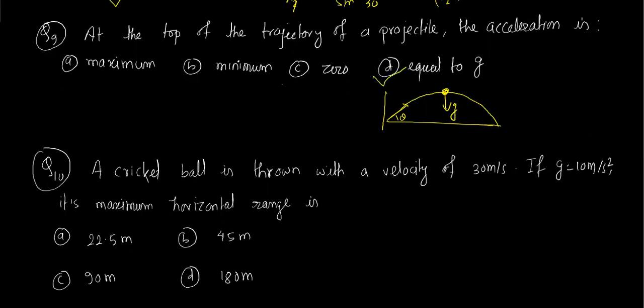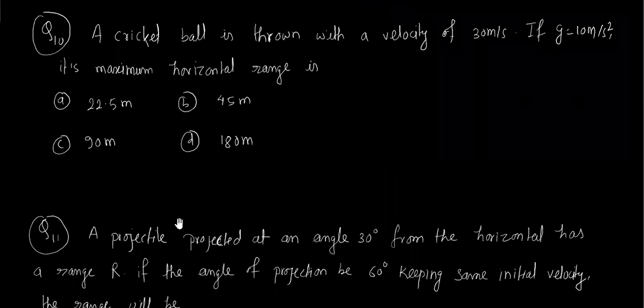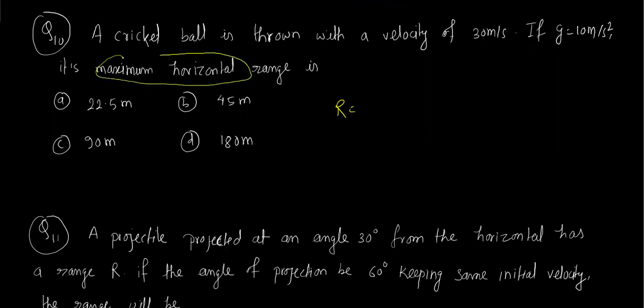That's why our correct option is option D. Now let us move to question number 10. Here it is said that a cricket ball is thrown with a velocity of this much, and the value of g is 10 meter per second squared. Find its maximum horizontal range. Here we have to use the formula for horizontal range, R equal to maximum. The word maximum is said here, so indirectly the angle of projection is given as 45 degrees.